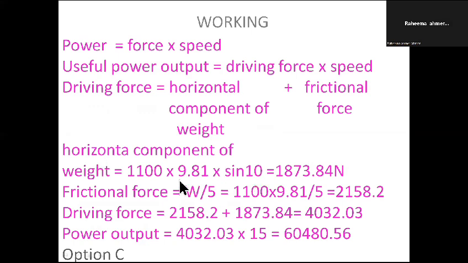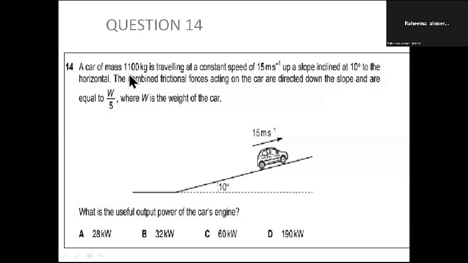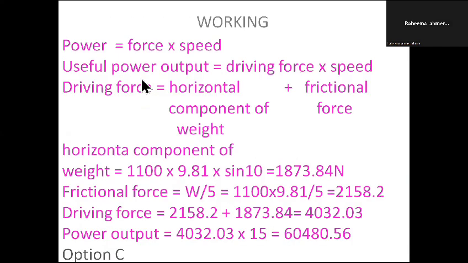And weight we have to find. We are provided with the mass, which is 1100 kilogram. So you will multiply 1100 by 9.81 to calculate the weight, because weight is equals to mg. You must be knowing about this equation. Weight is equals to mass into g.